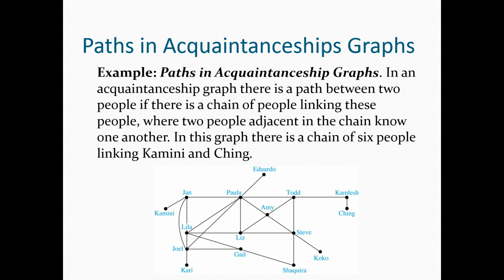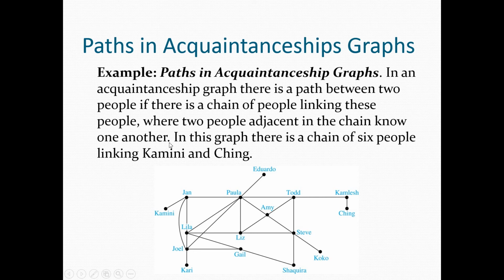So paths in acquaintanceship graphs. So let's see an example. In an acquaintanceship graph, there is a path between two people, two acquaintances, if there is a chain of people. Two people are not acquaintances at all, but they are linked by the people, where two people adjacent in the chain know each other, right?